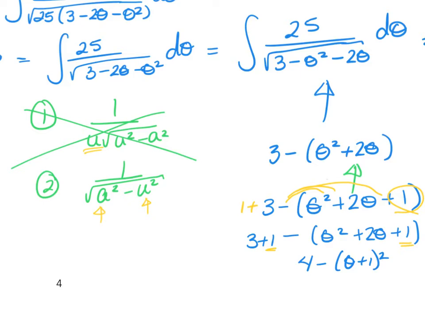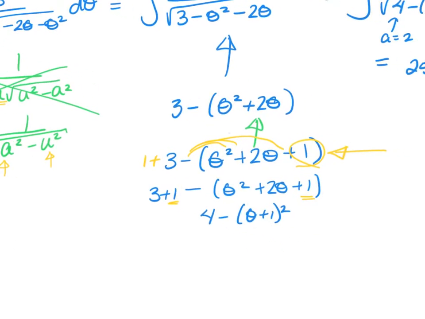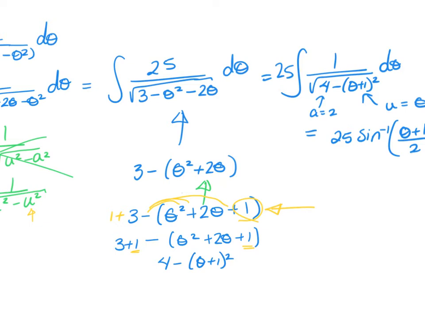So I need a number squared minus a function squared. My previous step is this, and so I need to make that theta squared plus 2 theta a perfect square. Right now it's not a perfect square, which means I can't write it as something squared like I did down here on the very bottom.